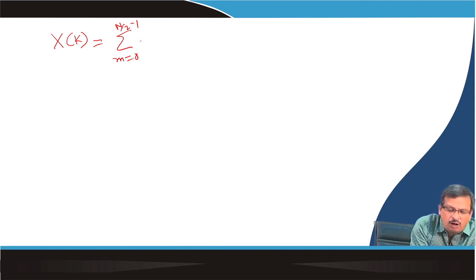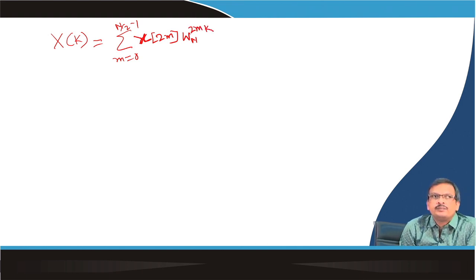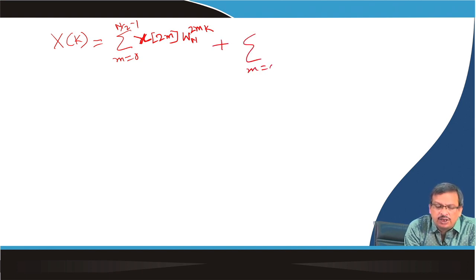So x of n is replaced by x of 2m, multiplied by W_N to the power 2mk, plus the sum over m equal to 0 to N by 2 minus 1 of x of 2m plus 1 into W_N to the power (2m plus 1)k.